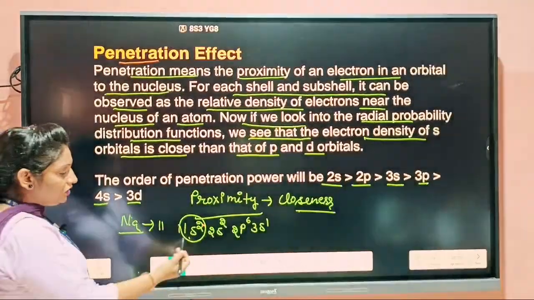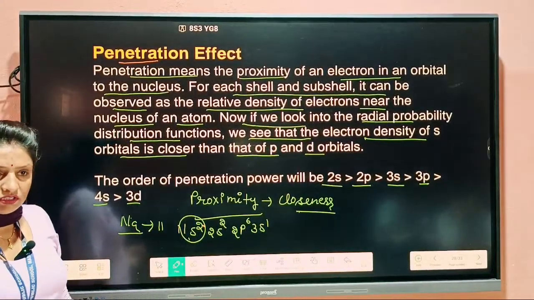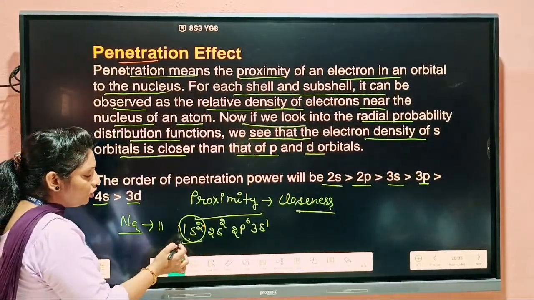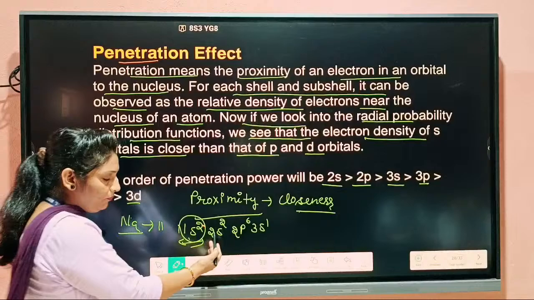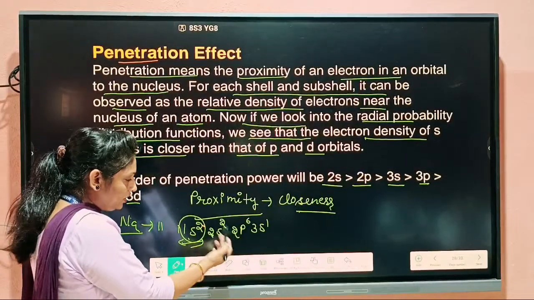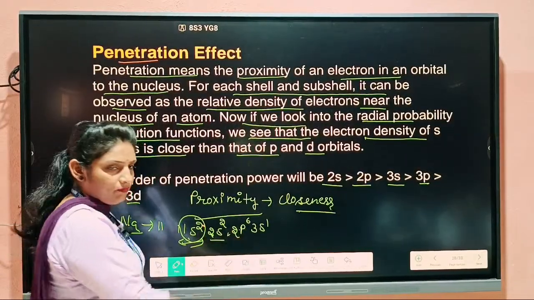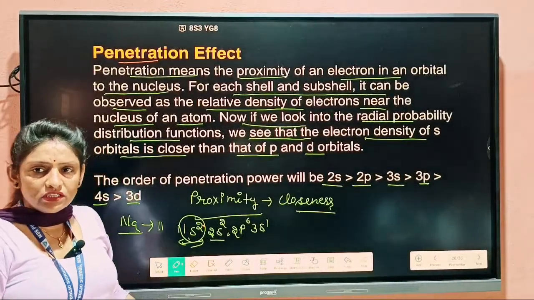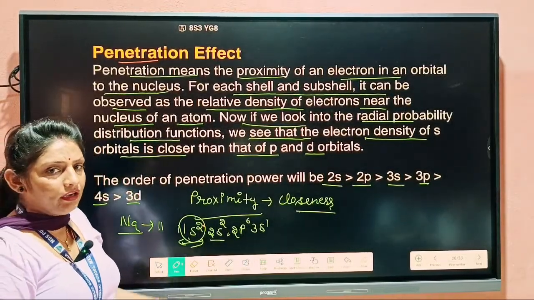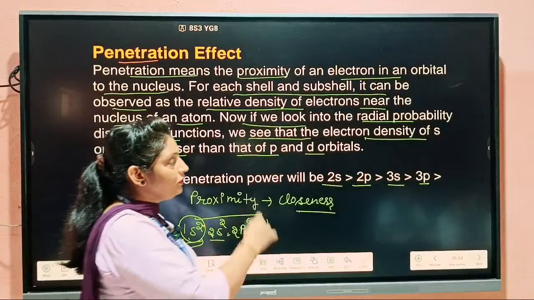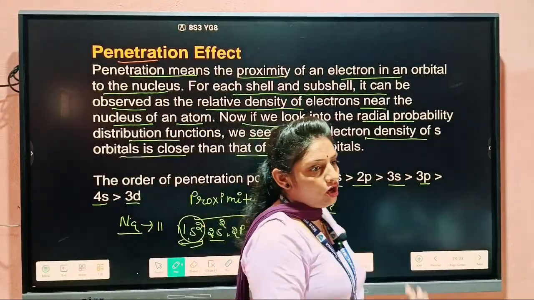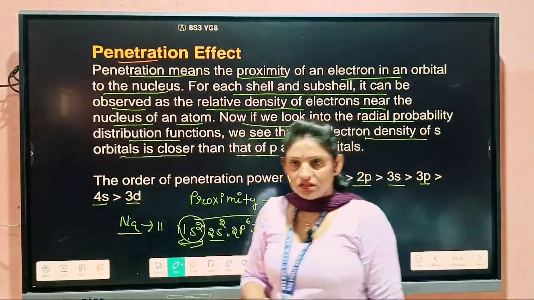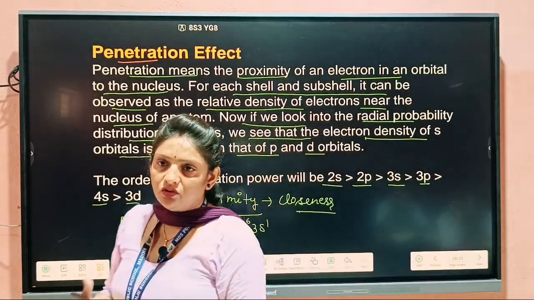It will be the nearest to the nucleus, so it will show more penetration effect as compared to this, and more penetration effect as compared to this. So what is the penetration effect? Penetration effect is the proximity of the electron in an orbital to the nucleus. Is this effect clear to you or not?